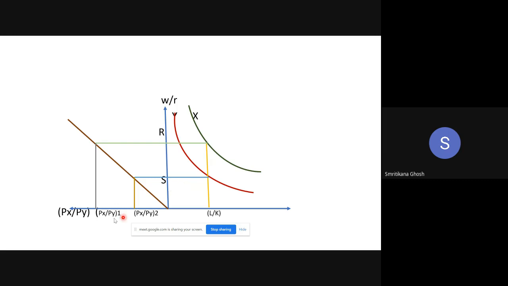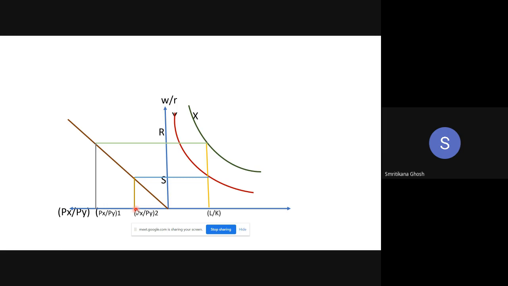Okay. So the relative price is PX by PY1, PX by PY2. That will be the price range for the country. If the autarky price of the country is within this range, then the country is producing both the commodities at autarky.